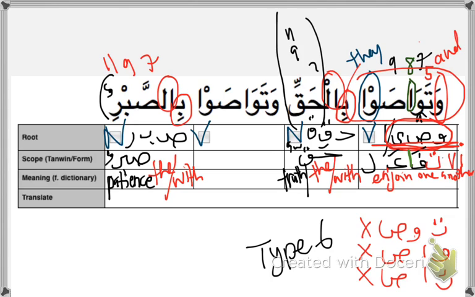Enjoin one another, and there's a they here also. Okay, so this would be the same.